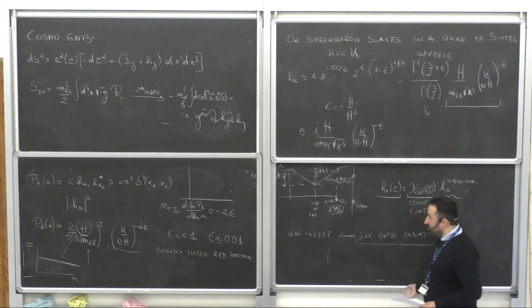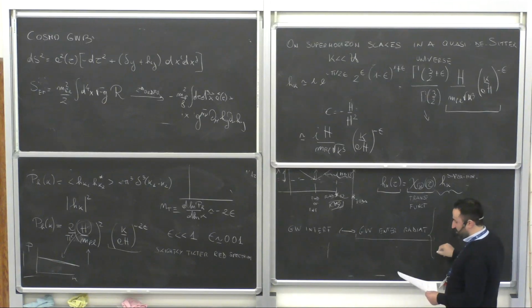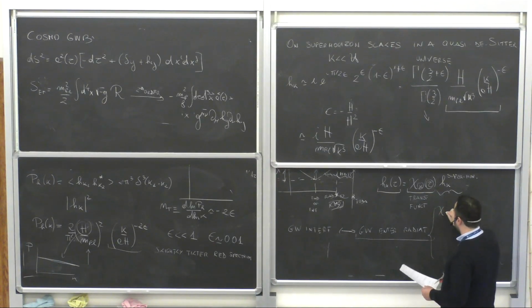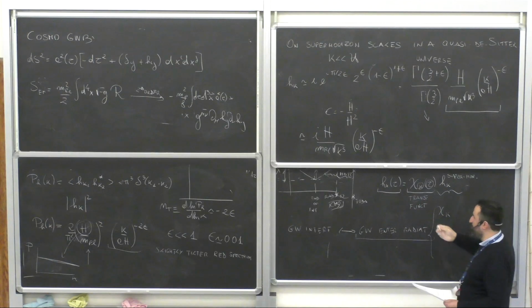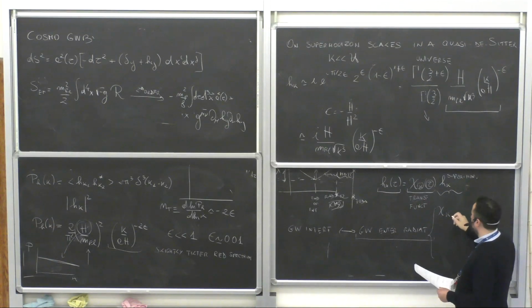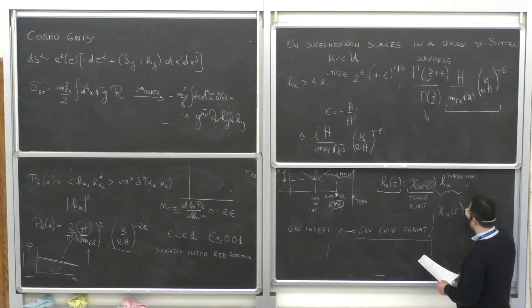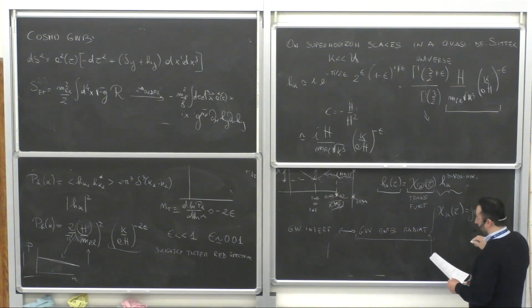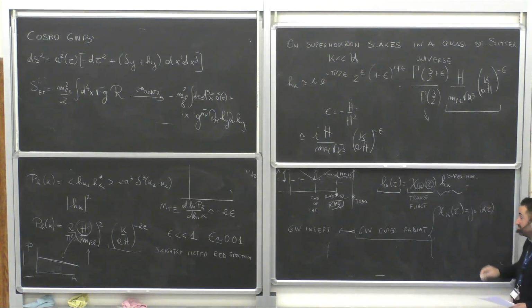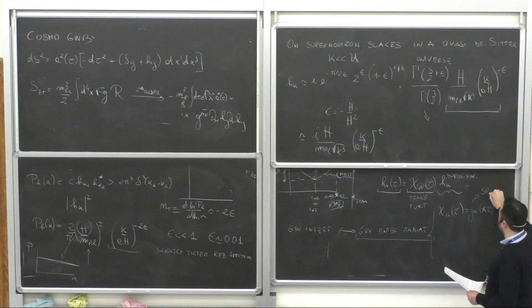The transfer function in radiation domination, which people typically call tau or big tau, and I call chi, it's the same thing, is a spherical Bessel function of k tau, J0. This is a spherical Bessel function of order 0, that is essentially sine of k tau over k tau.